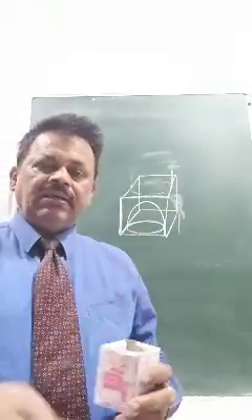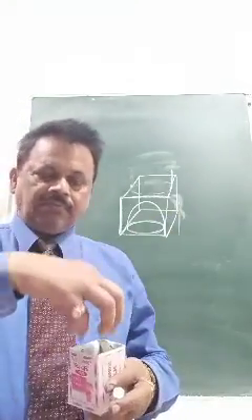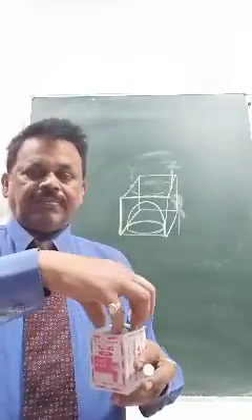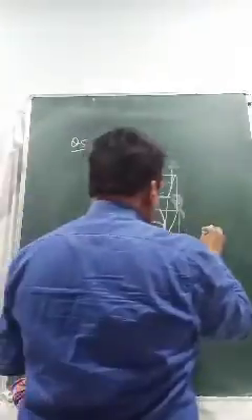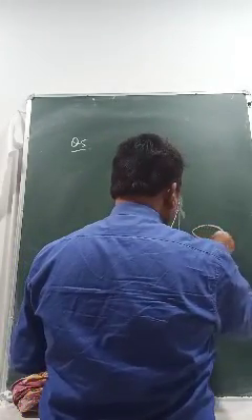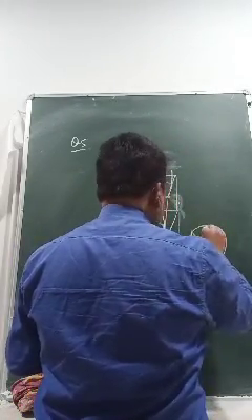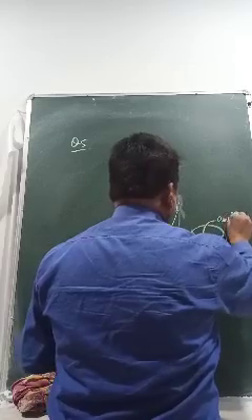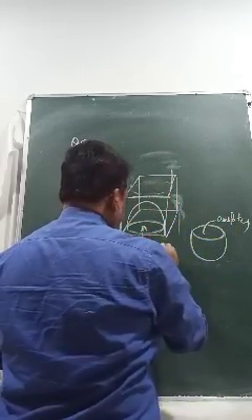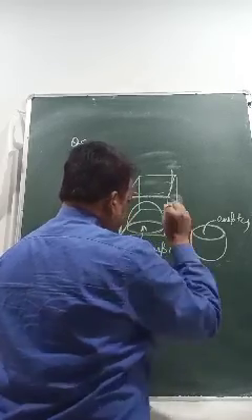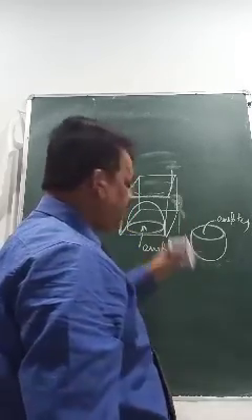Imagine you are keeping a bowl, a cup, on this. The top of the cup is open. So this cut off part is like this, meaning this is empty. This part became empty, no? Cut off, this part is empty.